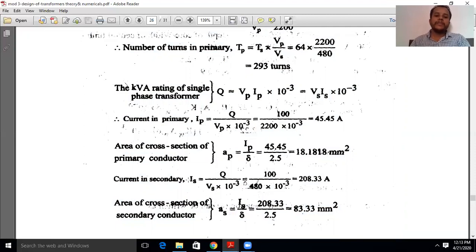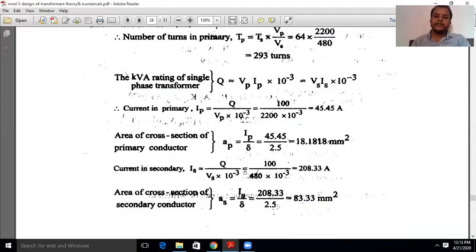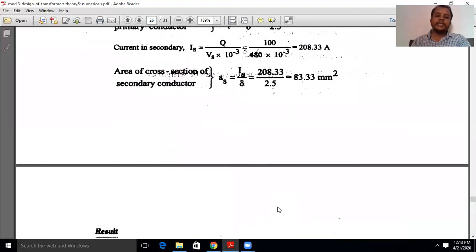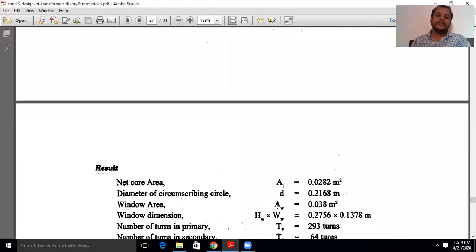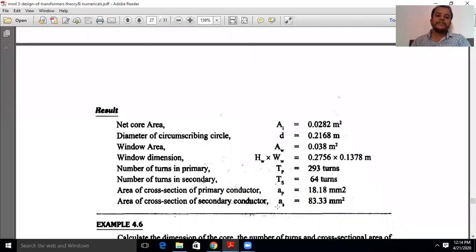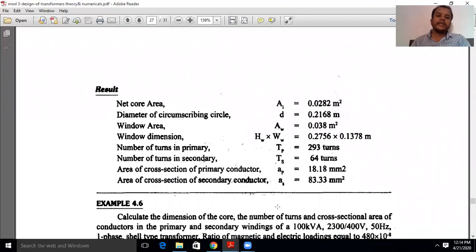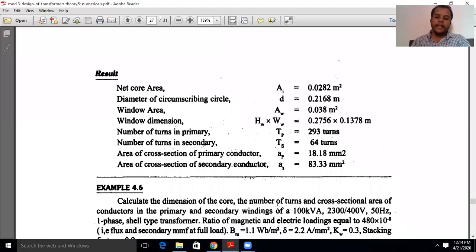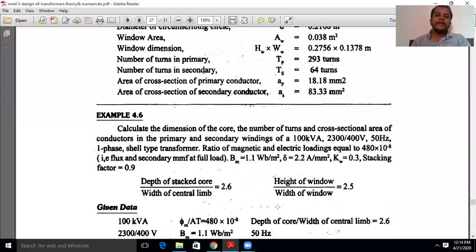Again, the current in the secondary is IS is equal to Q by Vs into 10 to the minus 3. In this way, we can calculate IS, and the area of cross section of the secondary conductor AS is equal to IS by delta. So it is 83.33 millimeter square. In this way, we can calculate the different parameters.